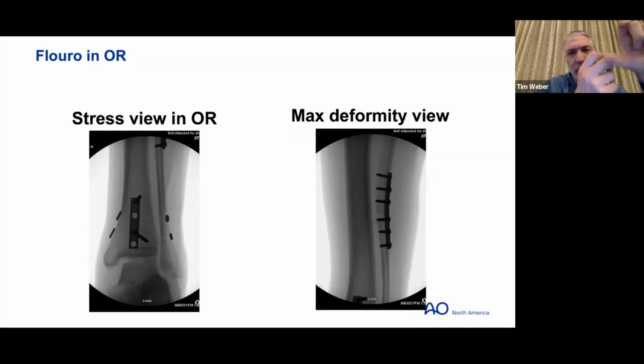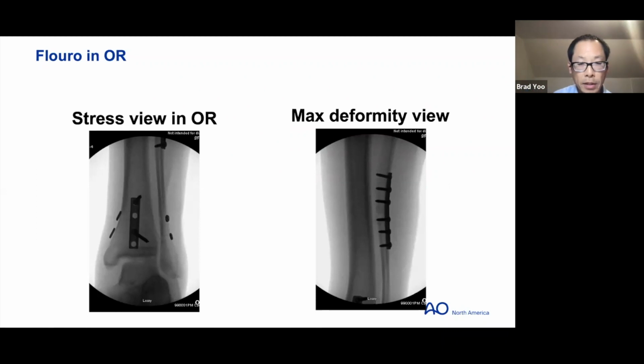If it's put on the posterior aspect, and I'm not here to slam tightropes, but I think you really have to be thoughtful when you're putting the tightrope in, if you're going to use them, to make sure that you're centered and not rotating the fibula the same way as what we used to see when we used clamps for reducing the syndesmosis.